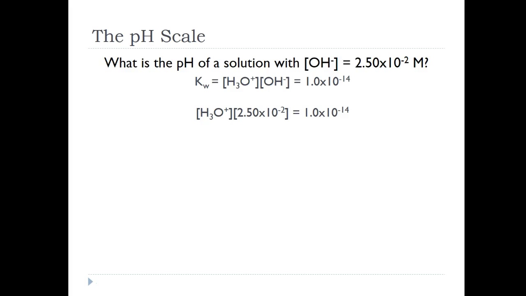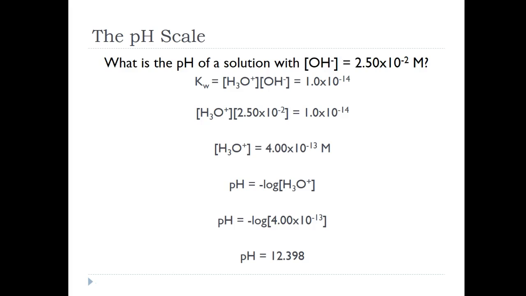So I'm going to divide both sides by 2.50 times 10 to the -7. That's where I got this value. And then to become a pH, negative log, and I get 12.398. So this solution is basic. The pH is above 7.